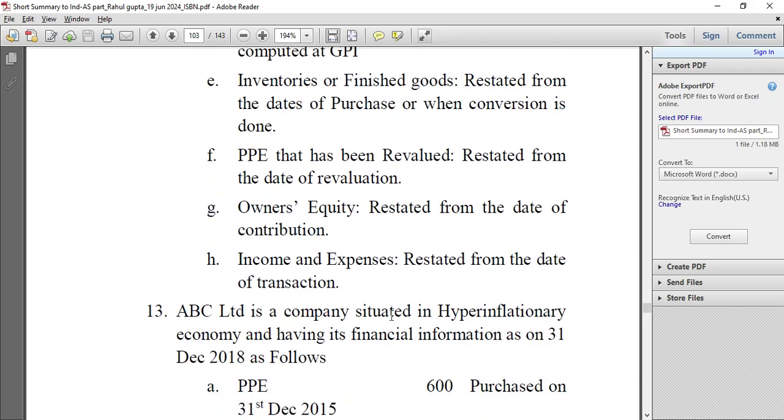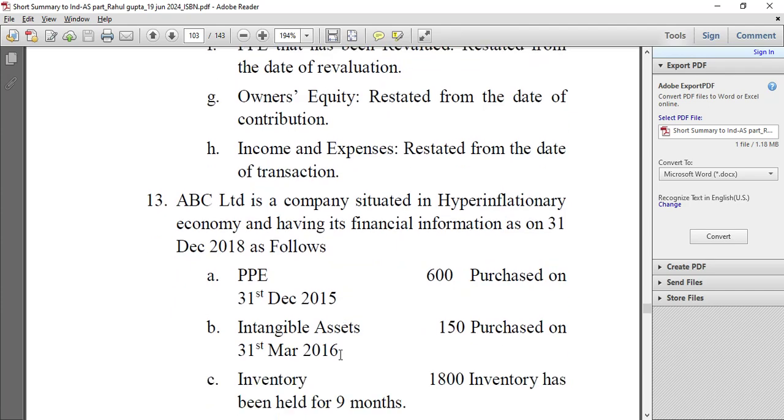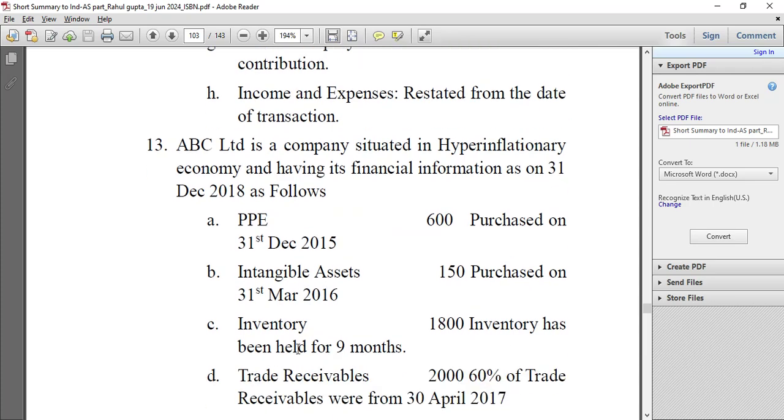ABC Limited is a company situated in a hyperinflationary economy and having its financial information as on 31st December 2018 as follows. PPE 600 purchased on 31st December 2015. Intangible assets 150 purchased on 31st March 2016. Inventory 1800. Inventory has been held for 9 months.